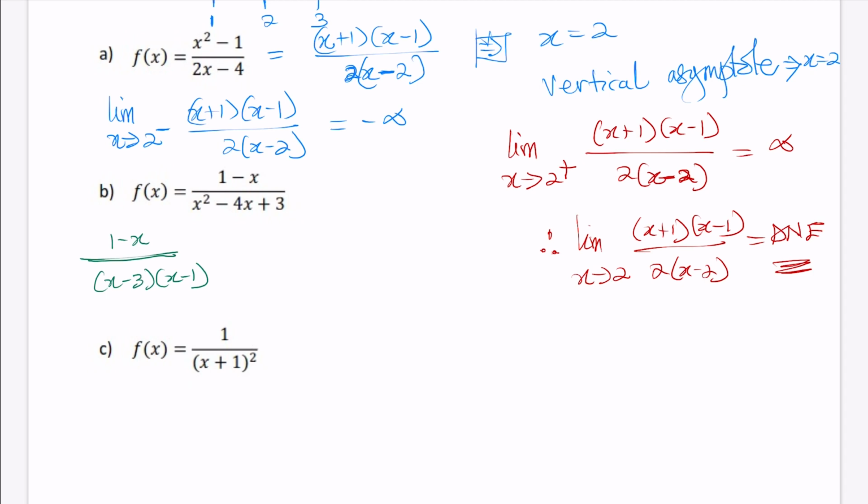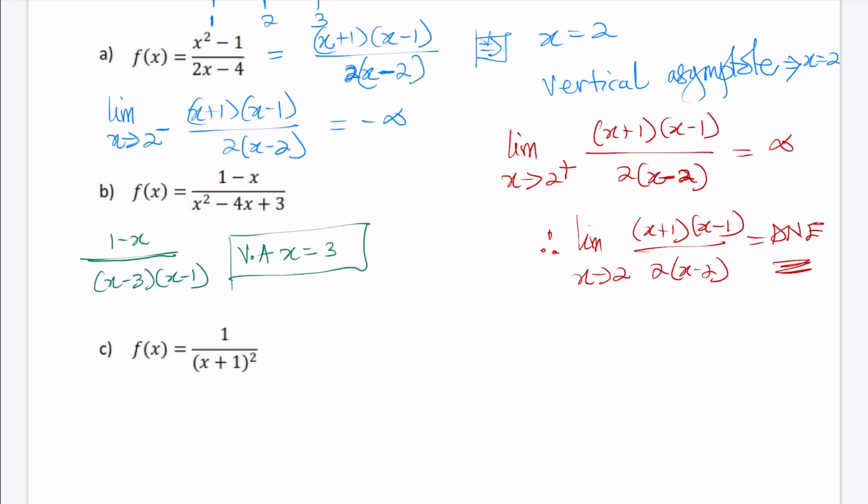Now, we are looking for the value of x that will make only the denominator 0. So try it and see if you can answer it correctly. The value of x that will make only the denominator 0 is x equals 3 only. And that is our vertical asymptote.